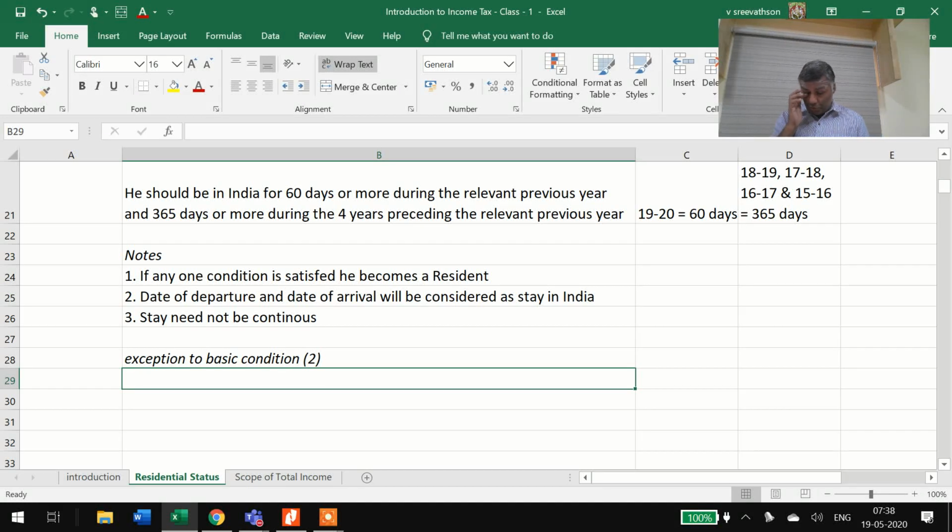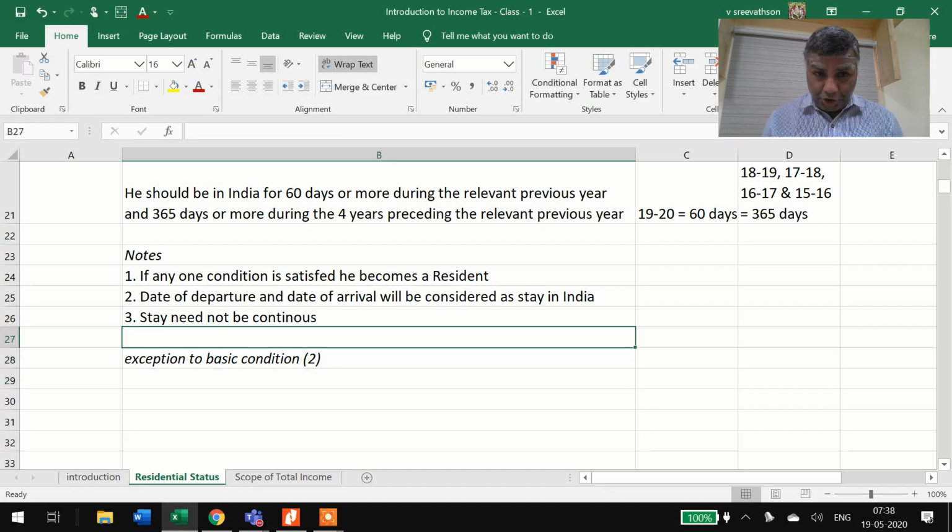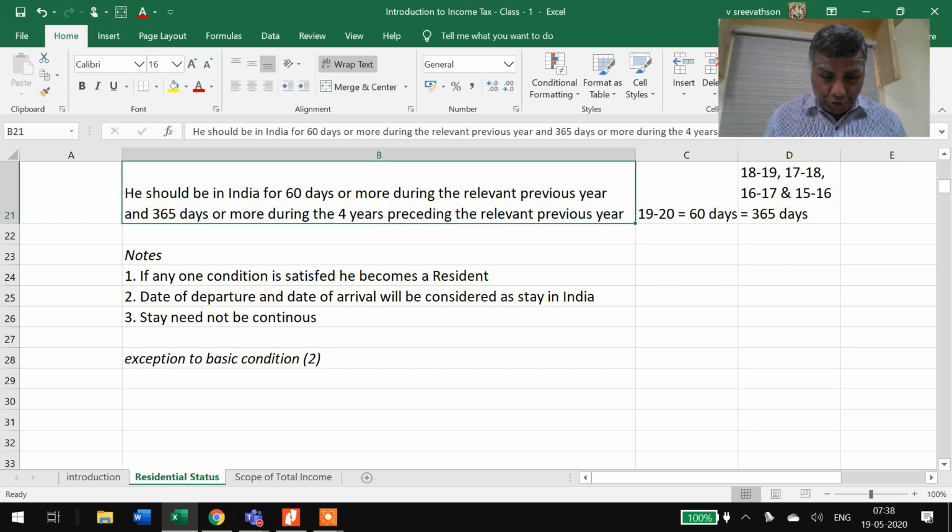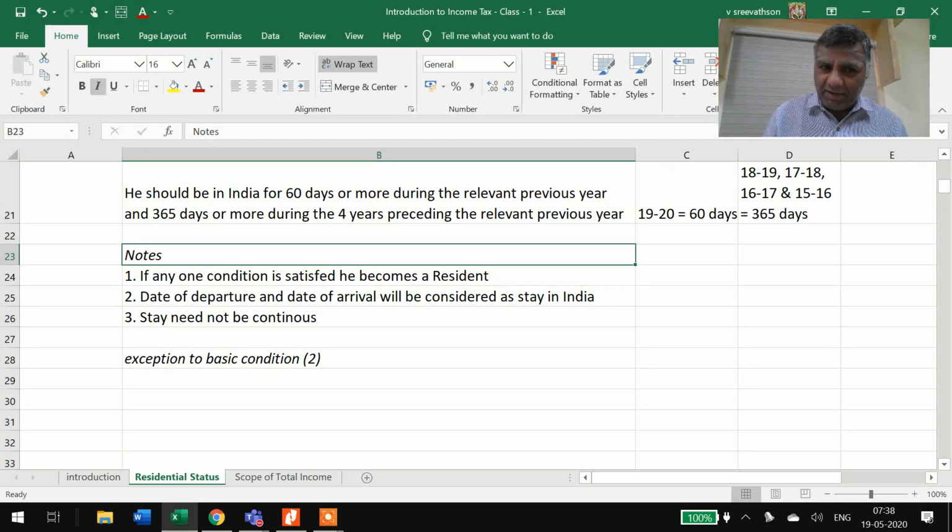Exceptions to basic condition 2. Basic condition 2 is he should be in India for 60 days or more during the relevant previous year and 365 days or more during the 4 years preceding the relevant previous year.